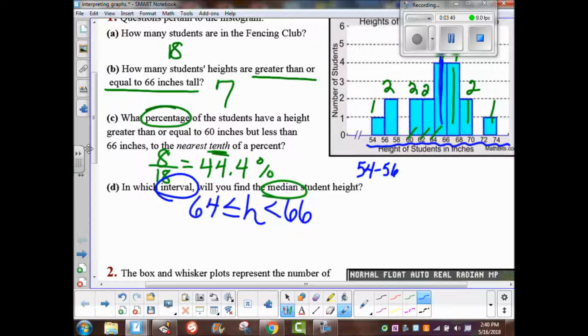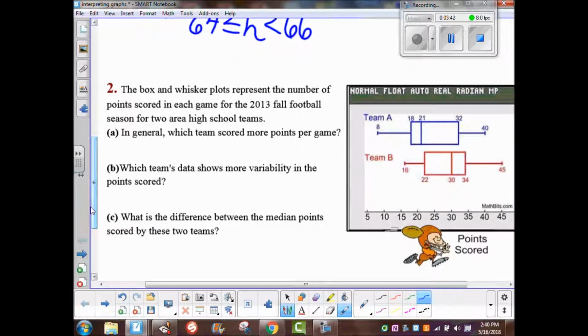Okay. Next one. So we've got a box plot. It represents the points scored in each game for the 2013 fall football season for 2 area high schools. In general, which team scored more points per game? More points per game. We're looking for the max there, which is going to be what, Paige? Team B. Yep. Its max is 45 and the other max is 40.